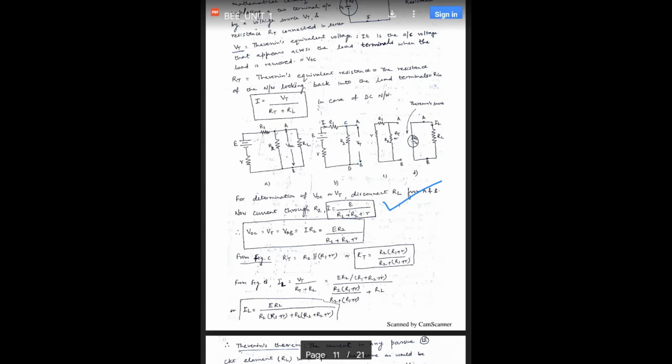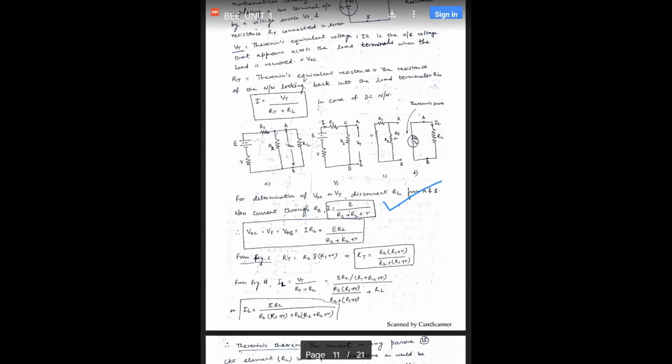Okay. So what will be the voltage across this? It will be IR2. Current is flowing through this resistance, and the resistance is R2. So we will get IR2. So this IR2 will be the open circuit voltage or Thevenin voltage.